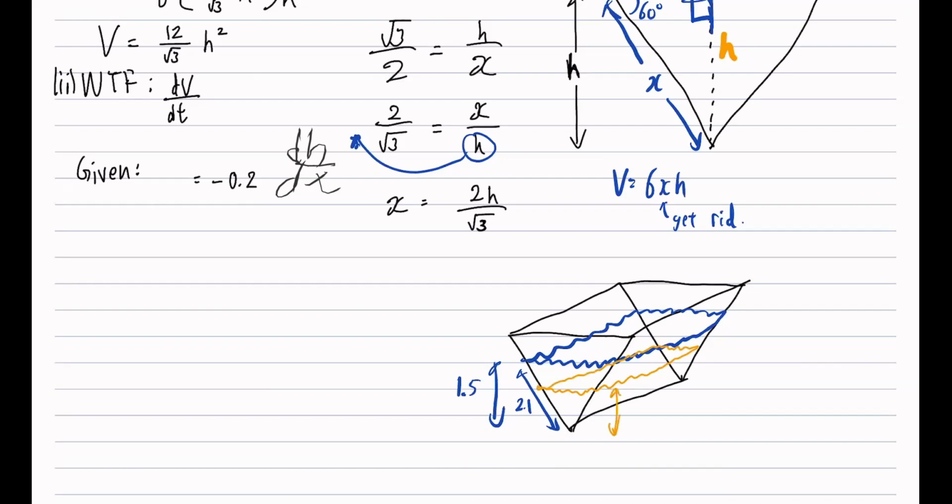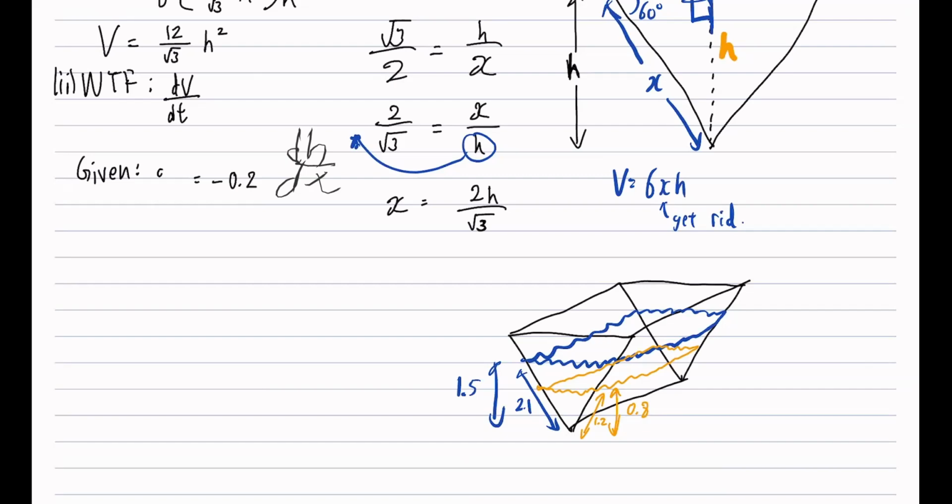Then the height here will be 0.8, and the length here could be 1.2. It reduces a bit. So the h will decrease, the x will also decrease. Does it make sense? So h is a variable, x is also a variable that changes. Okay, very good.